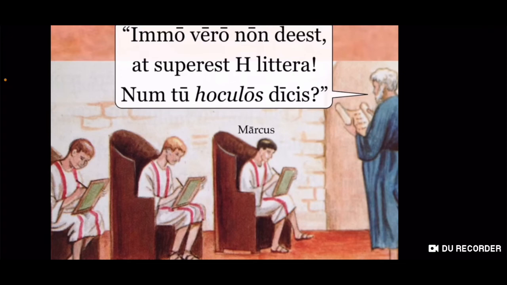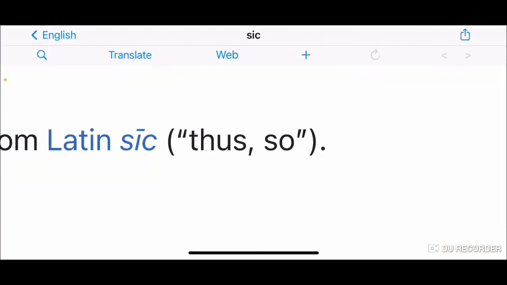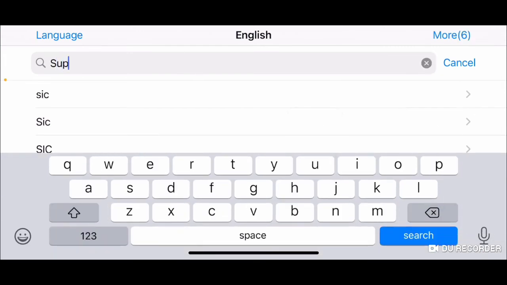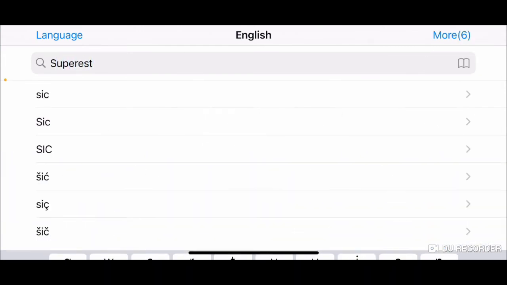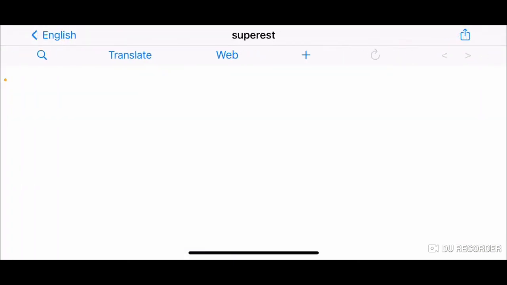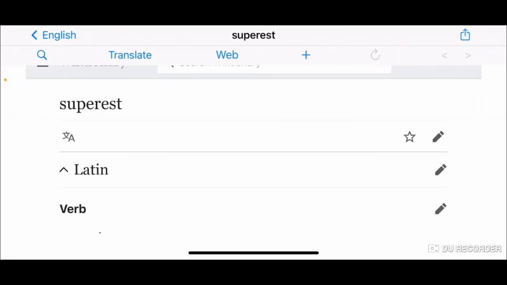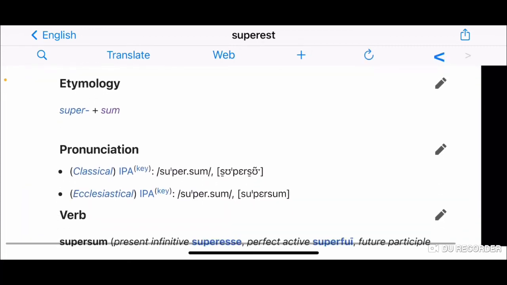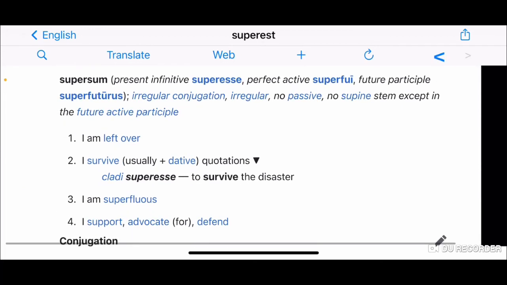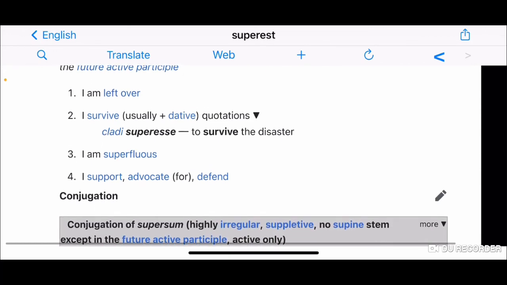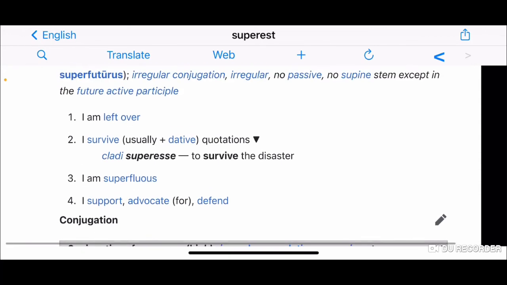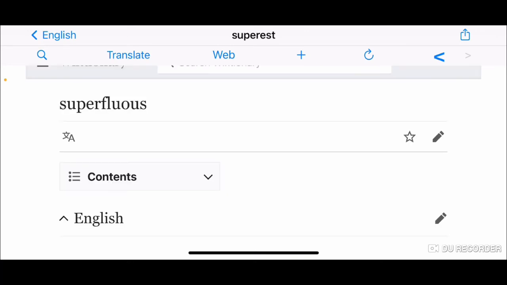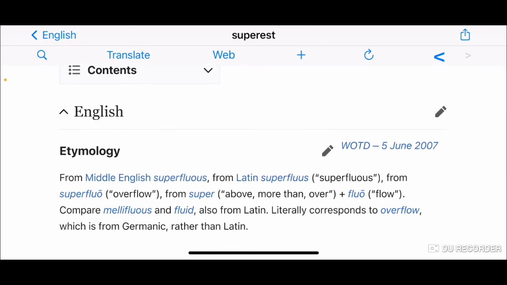Let's look that up and see if we have a better way to say that. I know we still got English words that are still similar: survive, leftover, superfluous. That most likely is leftover too, but you got too much, right?